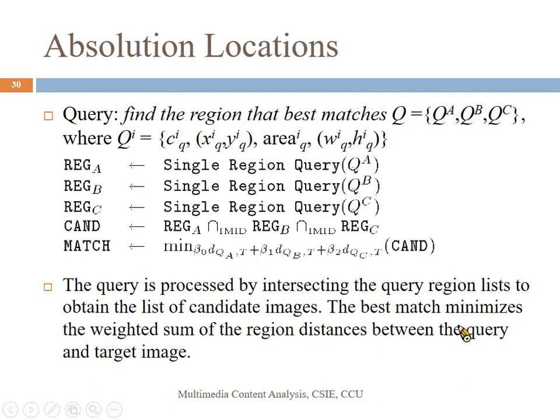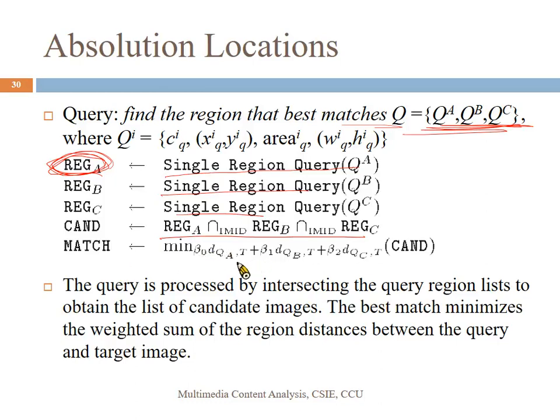So about the location criteria, we may specify it like this. For example, we can find a region that best matches these multiple query regions, where we can perform the single region query and get the set of results as region A, and then do this, and then take the intersection.